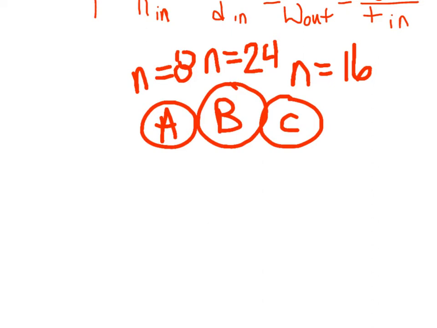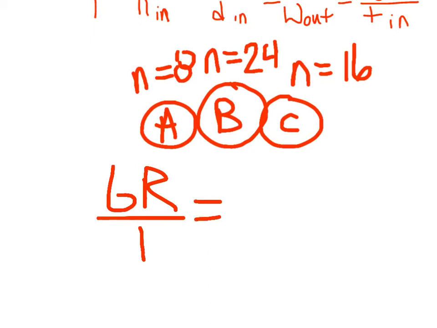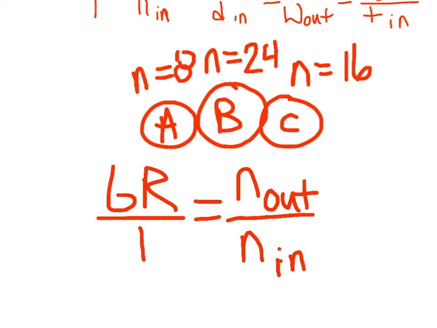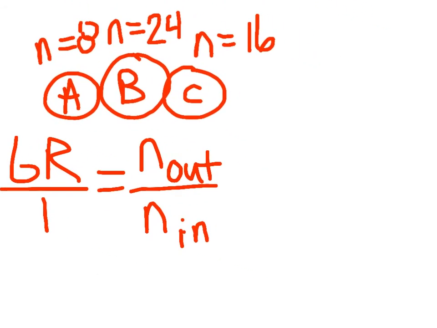gear ratio? Well, from what we know from the previous portion, the gear ratio is going to be a number over 1. And what we do know is that the number of teeth of the output, so again, N out over the N in, or the number of teeth in the output over the number of teeth in the input.